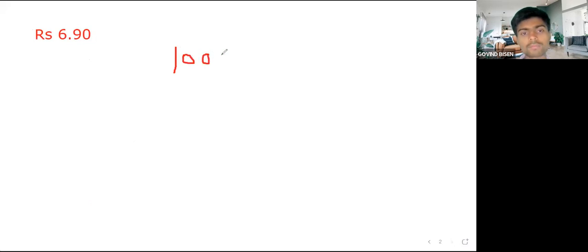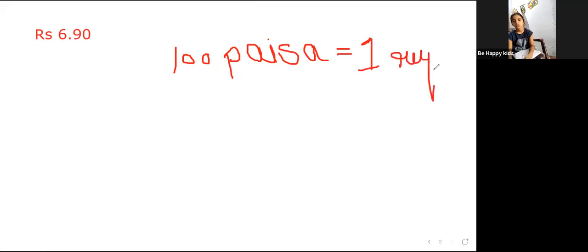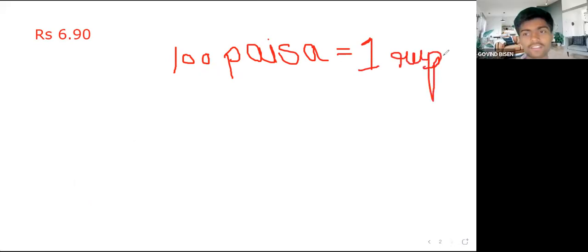Before converting them, we shall know that 100 paisa equals 1 rupee. This is very necessary. Though we don't use paisa, we should know this.